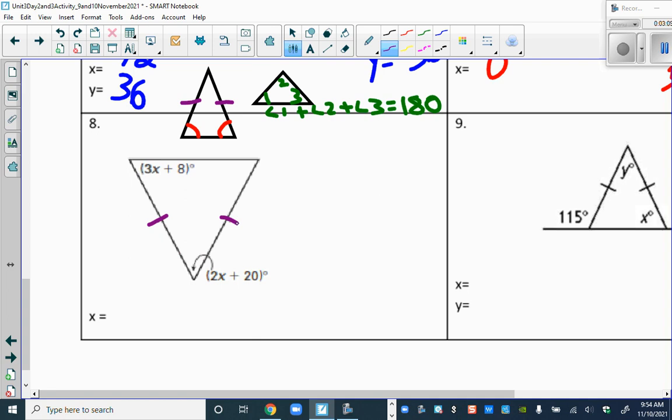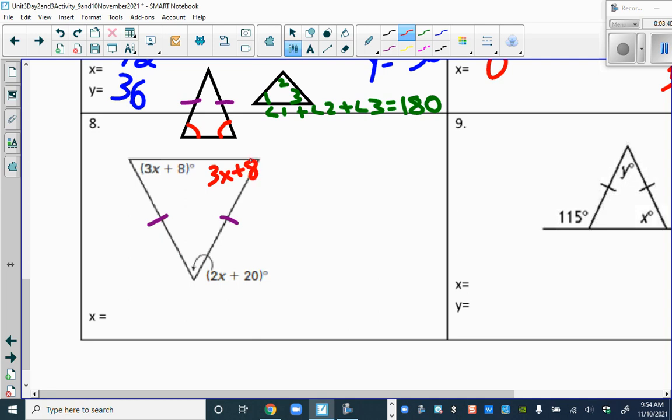However, given these 2 sides are congruent, this angle will be congruent to which one? Is it going to be the bottom one or the one to the left? The left one, because since the opposite sides are congruent, the base angles will be congruent. So this angle over here will also be 3x plus 8.